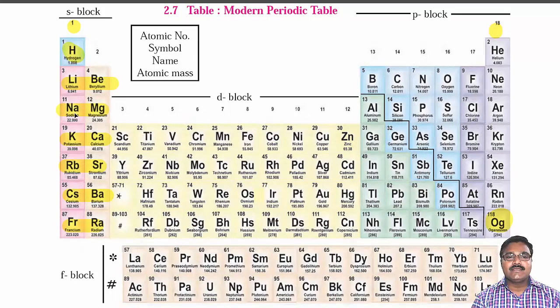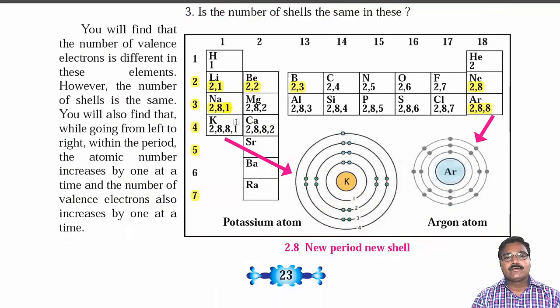We will see here that electrons go on being added in the outermost shell, and the electronic configuration will be like this: 2, 8, 1; 2, 8, 2; and till argon it will be 2, 8, 8.